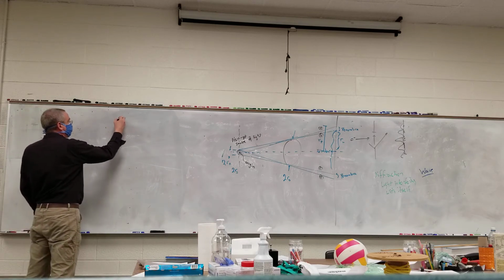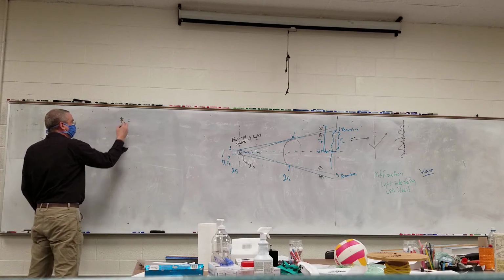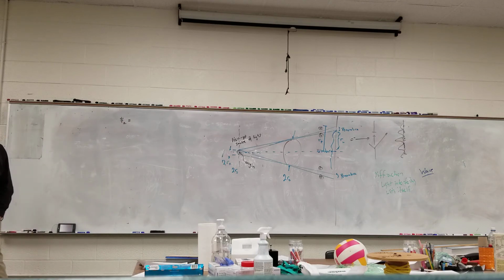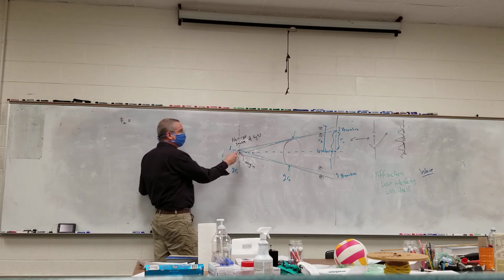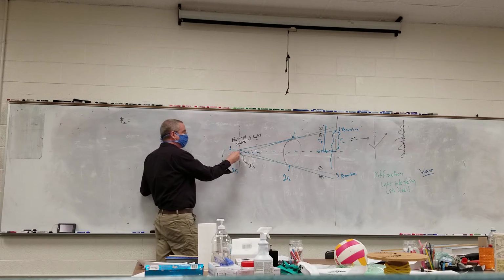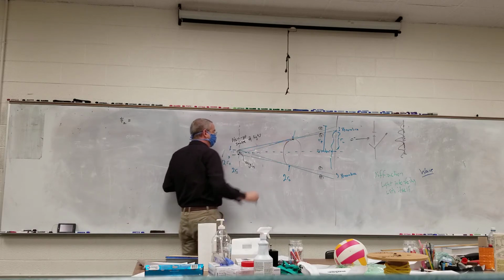So first let's find the slope of A. How do you find slope? Rise over run. Line A is coming from the bottom here, so it's this point and this point right here.